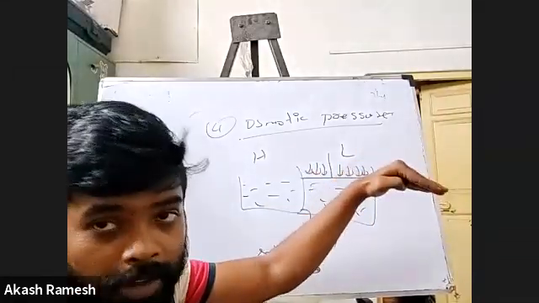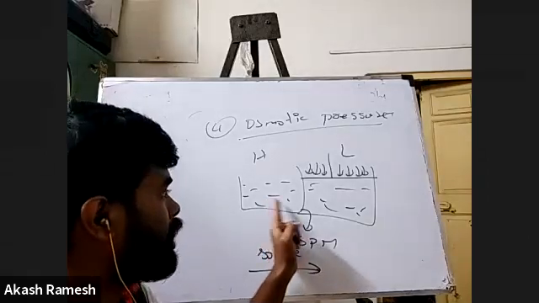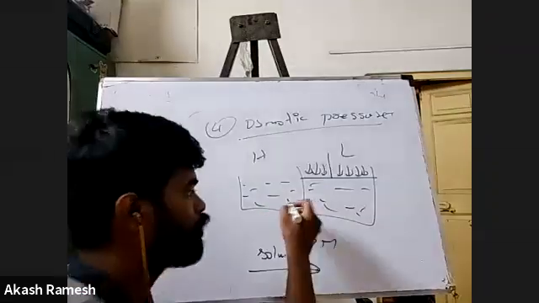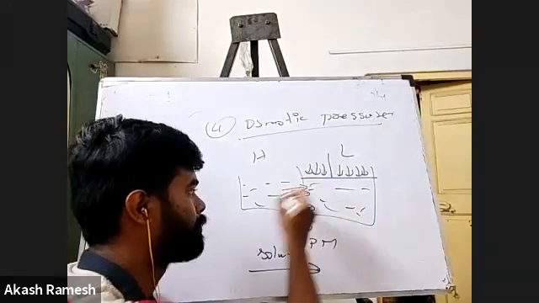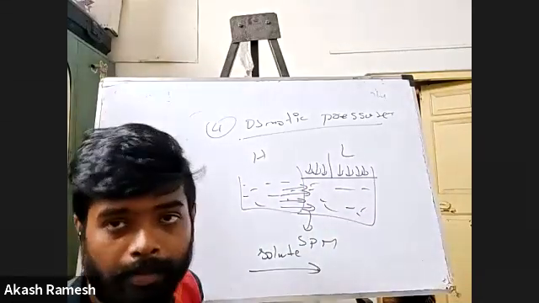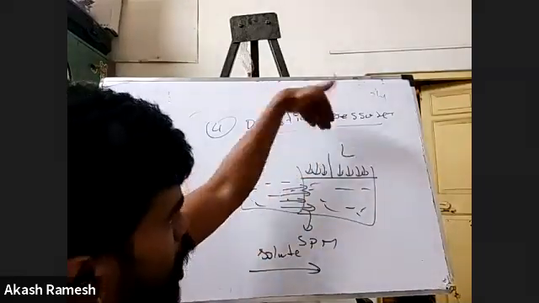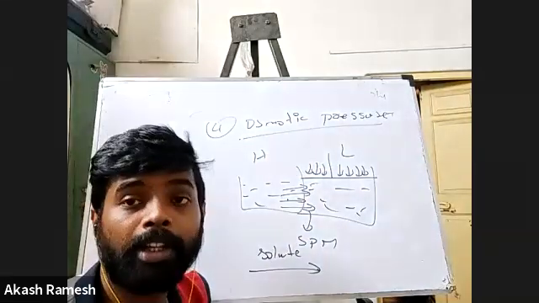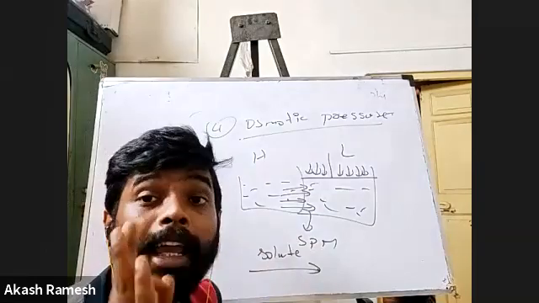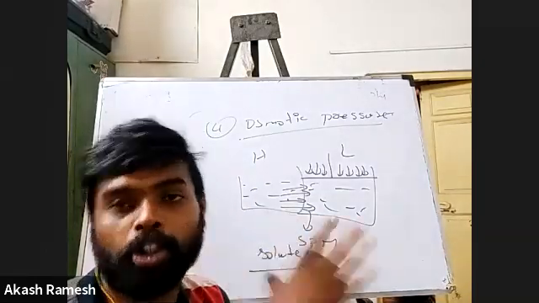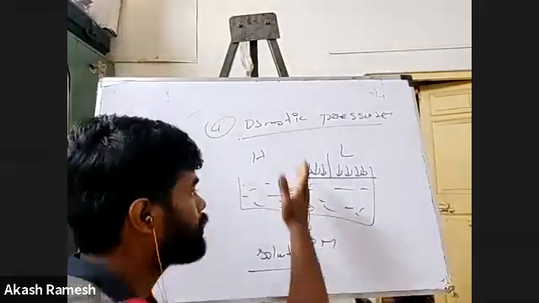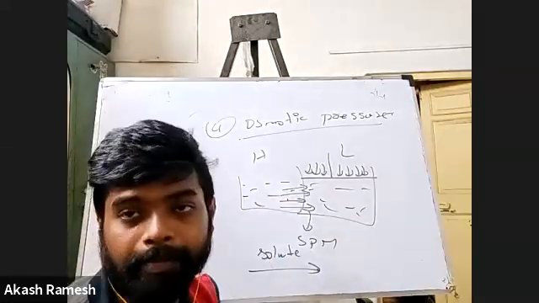The natural process is osmosis, the movement of solute particles from the region of higher concentration to the region of lower concentration. Now I'm applying some pressure on the lower concentration side, just enough to stop osmosis, just enough so that this movement is not happening.